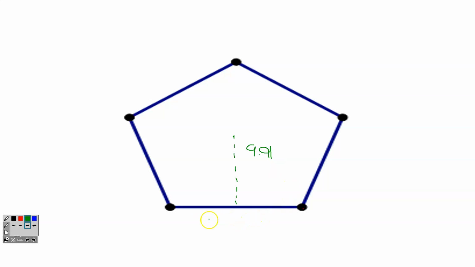And I'm going to say that the length of the side is 14.4. We're going to say that these are yards. I'm going to have you go ahead and hit pause and see if you can use either the triangle method or the formula method to solve for the area of this pentagon. So hit pause now and come back.